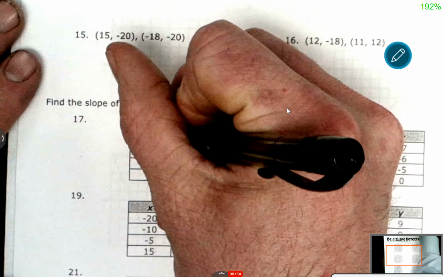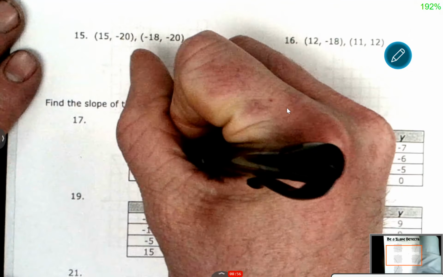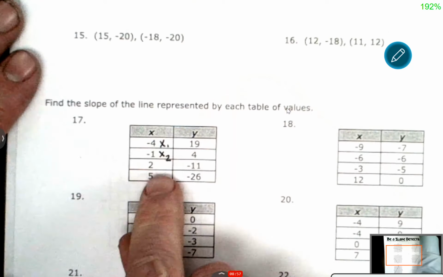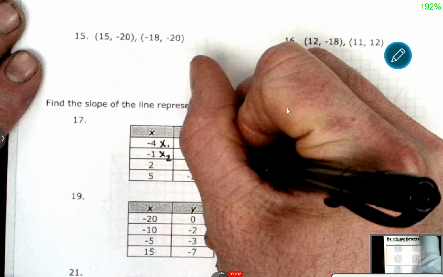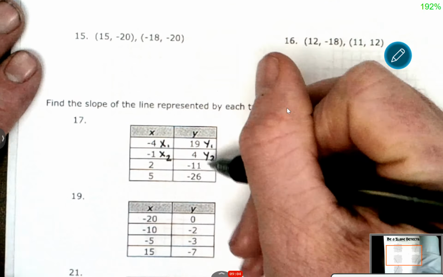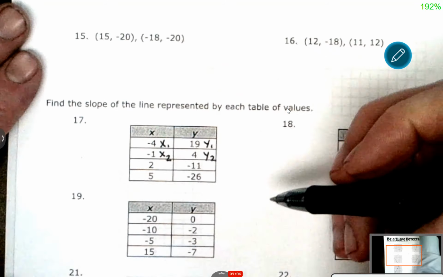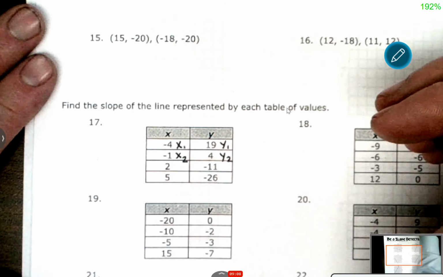Label your points. x1, x2, y1, y2. Your y's get a name, your x's get a name. Now we plug in the points.